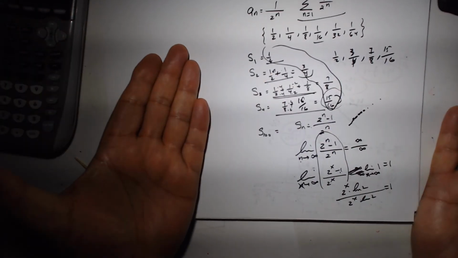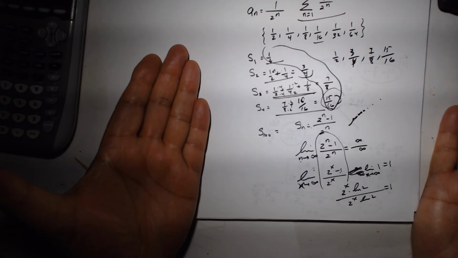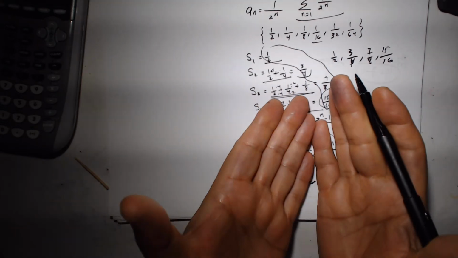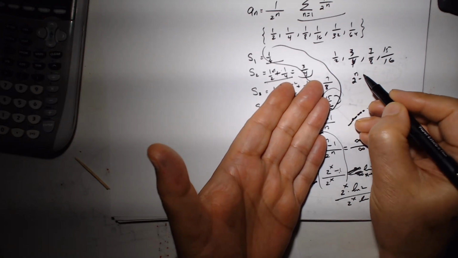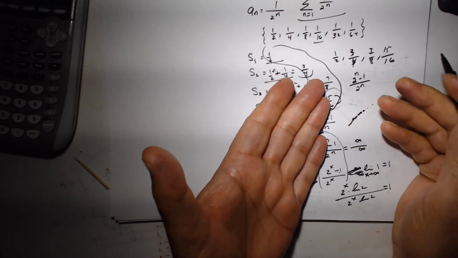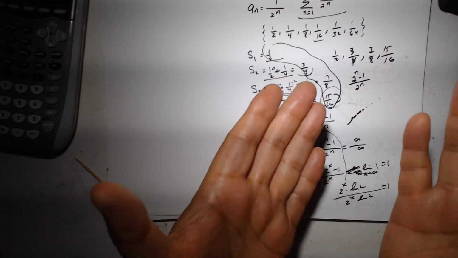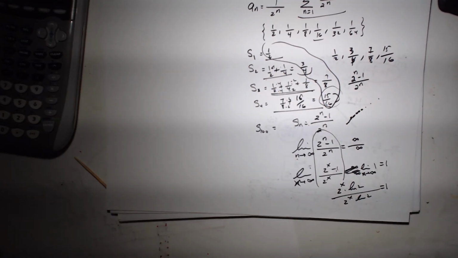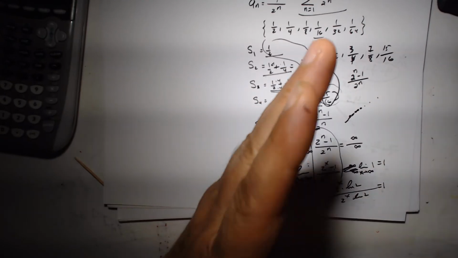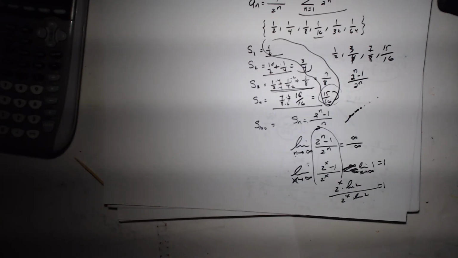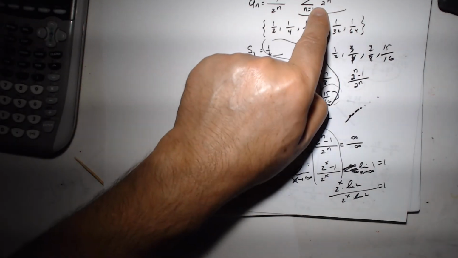It does have a pattern. Therefore, this is nothing except 2 to the power of n minus 1 over 2 to the power of n. From here, you take the limit and see if the limit exists and equals a finite number, then you say the series converges.